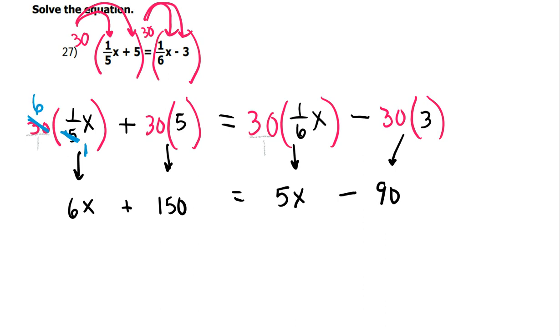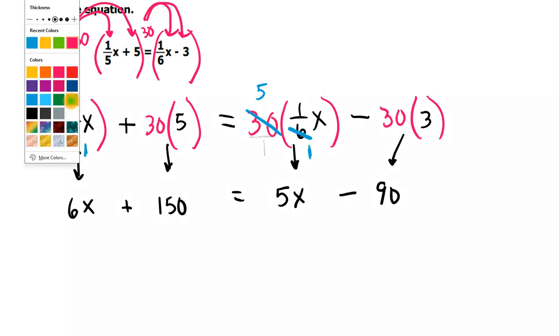So basically you're left with 6 times 1 over 1 times 1, which is 6 over 1, which is 6. And then the same thing happens over here. The 6 goes into itself once, cross cancels into the 30 5 times. So it's 5 times 1 over 1 times 1, which is 5 over 1, which is 5. So it's gone.